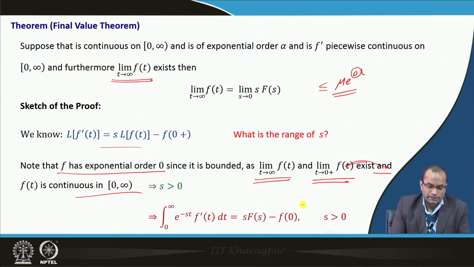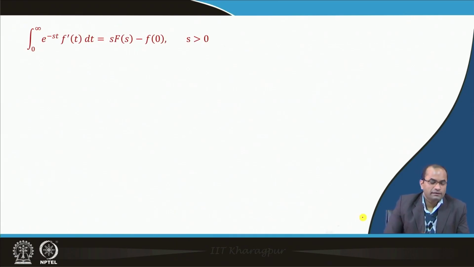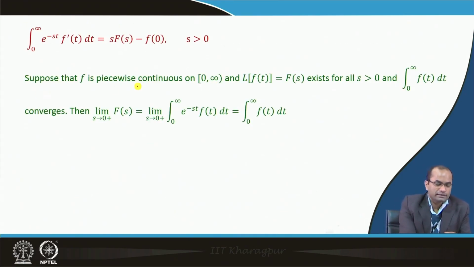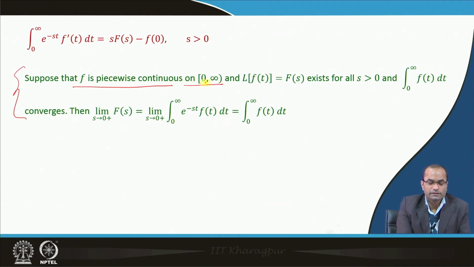Hence the integral of e to the power minus s t times f prime(t) dt is equal to s F(s) minus f(0), and this exists for all s positive. Then we can apply this result, which is also part of this discussion: suppose f is piecewise continuous on this interval, and the integral converges.